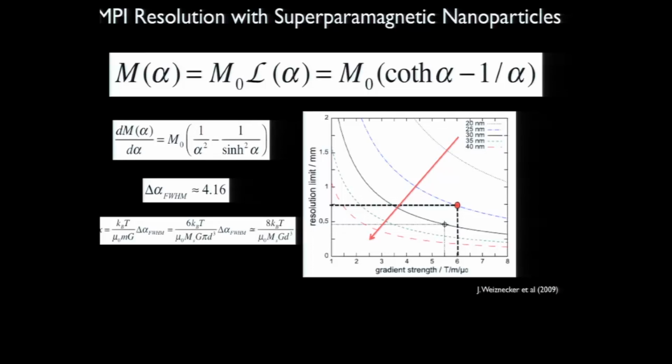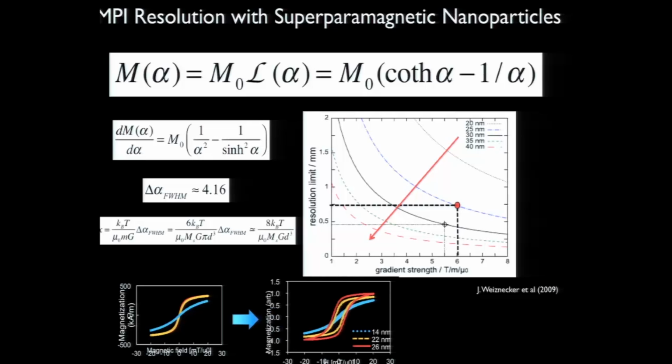But of course, as I just told you, in this case, you can keep increasing the particle size and expect larger and larger particles, better and better resolution. But that strictly does not happen because you no longer have the superparamagnetic behavior. The loop starts to open up. And you can see that you have this behavior, and you have to somehow accommodate this because you're ultimately looking at the derivative of this hysteresis curve.